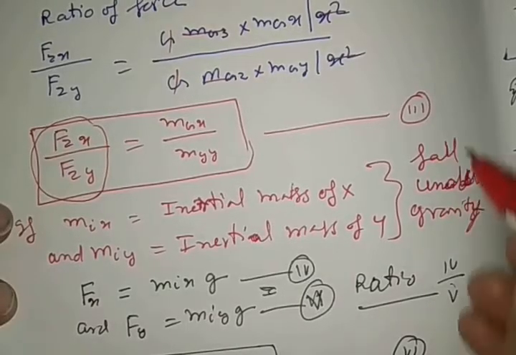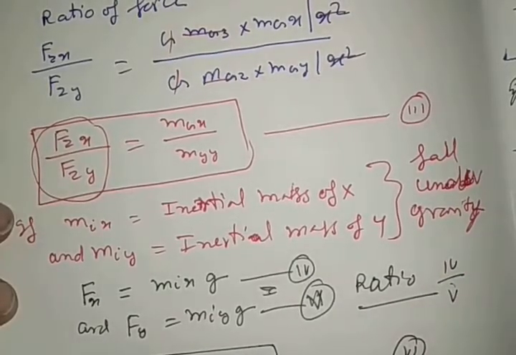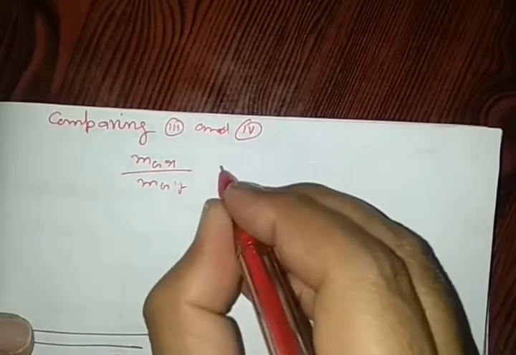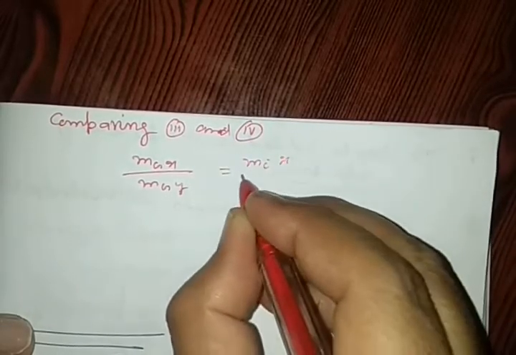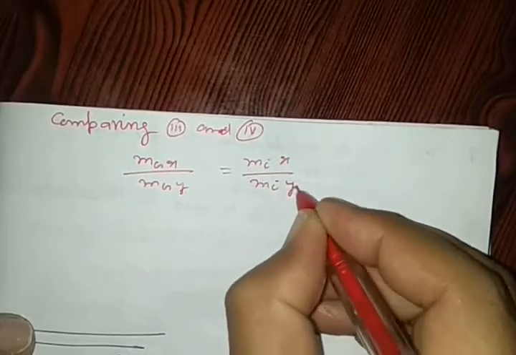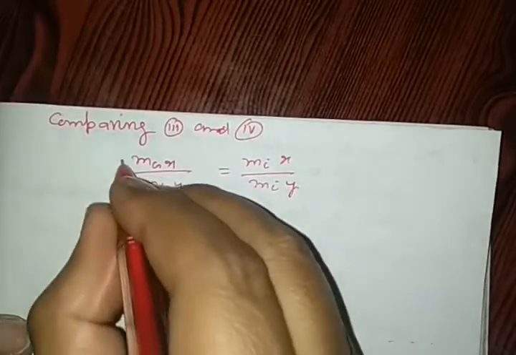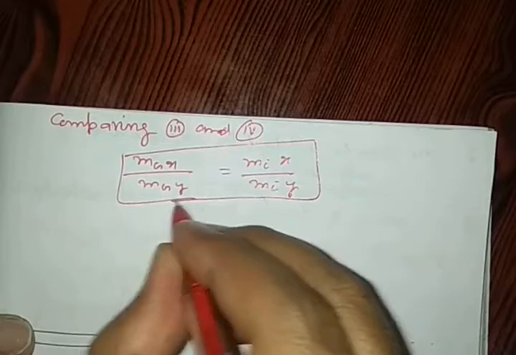So comparing equations 3 and 6, we may write m_gx / m_gy = m_ix / m_iy. This is equation number 7.